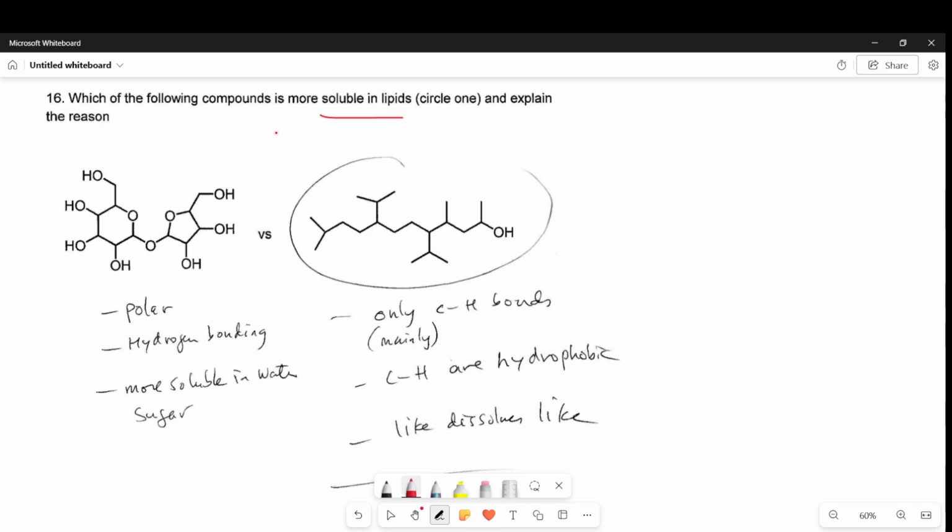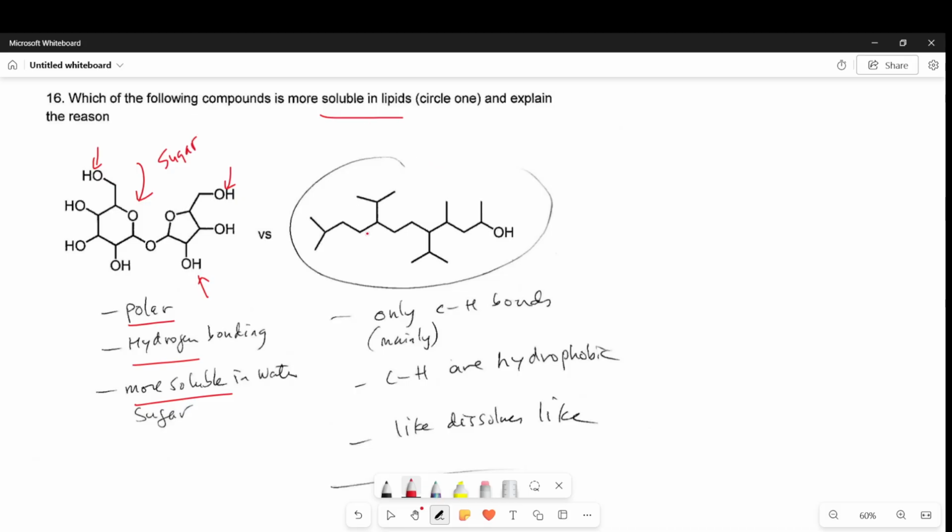If you look at this, this is a highly hydroxylated compound. It is polar. It has the capability of making hydrogen bonding. This can make hydrogen bonding. This can make hydrogen bonding. So these are more soluble in water-like compounds because they make hydrogen bonding. They are polar, and they are more soluble in water. These compounds are sugar compounds. This is sugar.